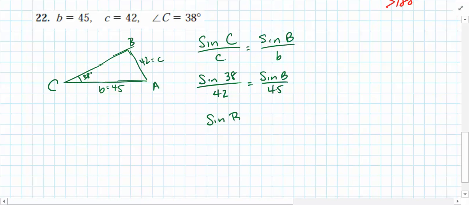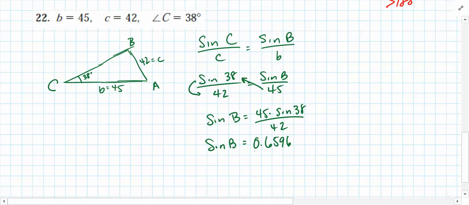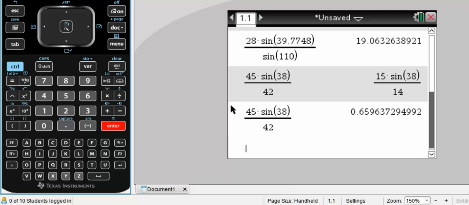Therefore, sine of B must be equal to 45 times sine of 38 divided by 42, because of the cross multiplication and division. So finally, sine of B would be equal to 0.6596. And I got that solution by going to the calculator and obtaining the result.